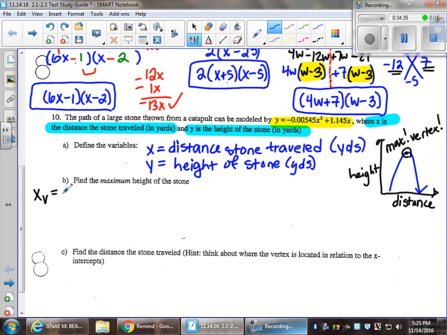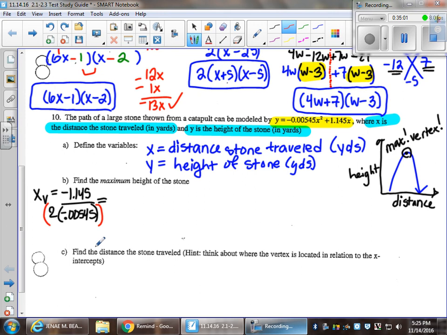Negative b divided by 2a will be negative 1.145 divided by 2 times negative 0.00545. Purely a calculator exercise. Make sure that in your calculators you group this multiplication together with parentheses, otherwise it'll come out wrong.